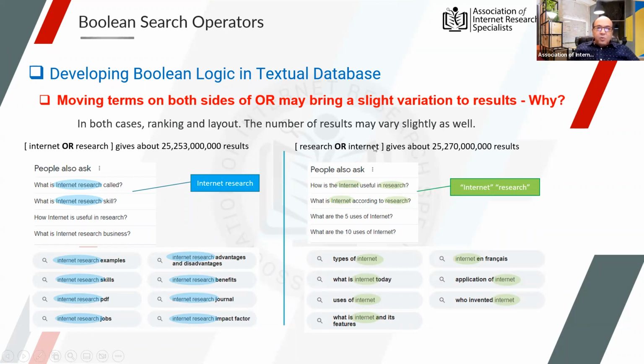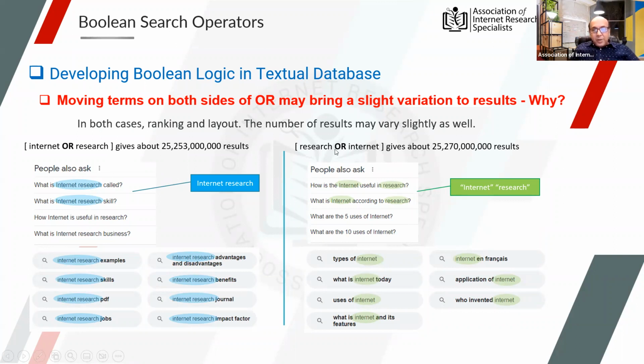Whereas if you shuffle it, making the positions of both these words the opposite of where they were before, you put research first, internet later. Just because research internet is not as prevalent together, they don't make that powerful search phrase, or it's not as regular for people to mention research and internet together as internet research.